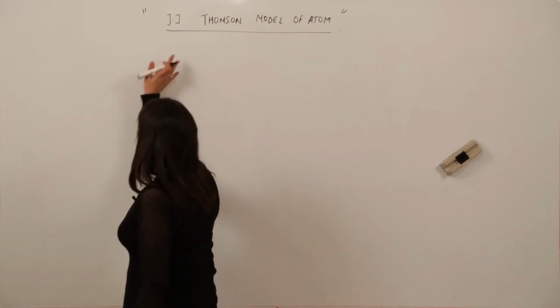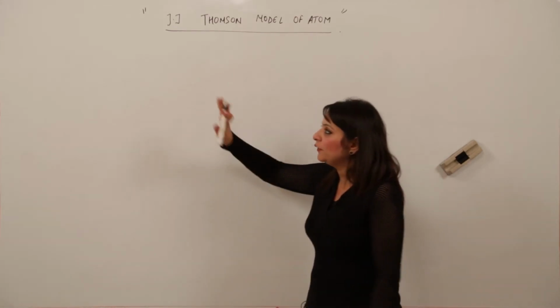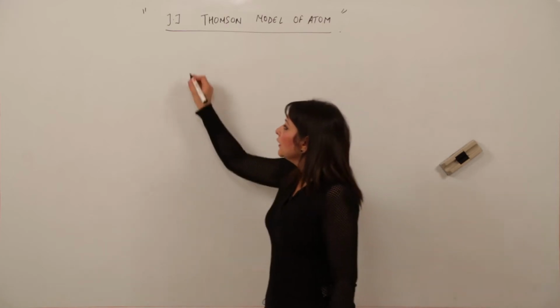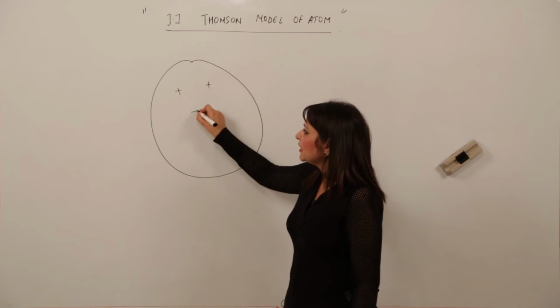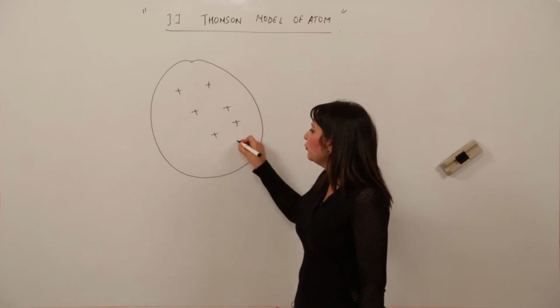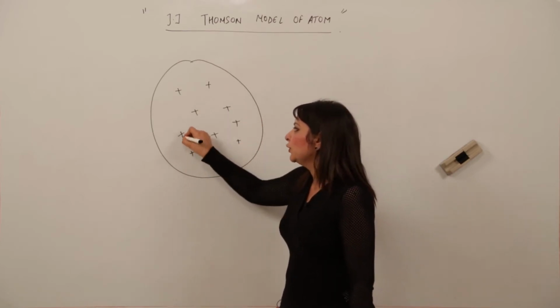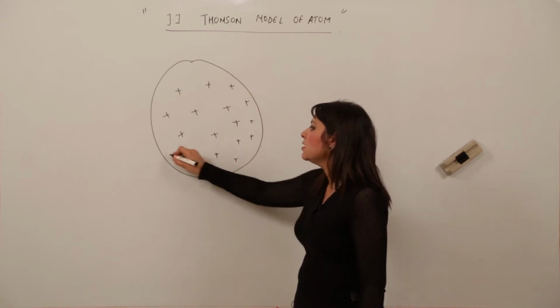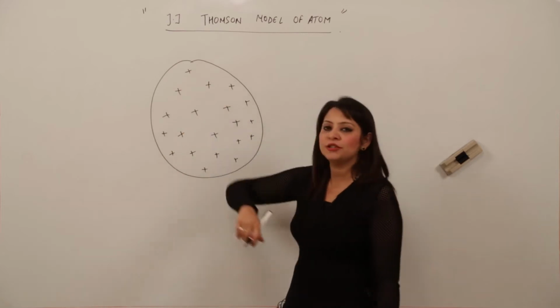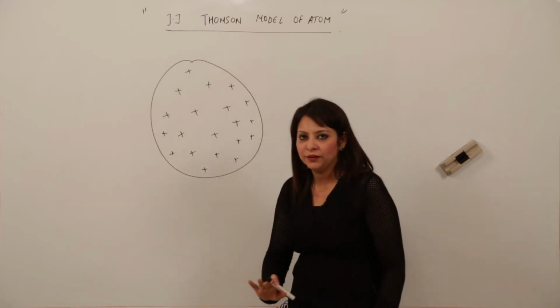According to him, when he was giving the structure of atom, he said that atom is a positively charged sphere. This he concluded by performing various experiments. So he said atom is a positively charged sphere, means a sphere which has uniform positive charge distributed all over, right?